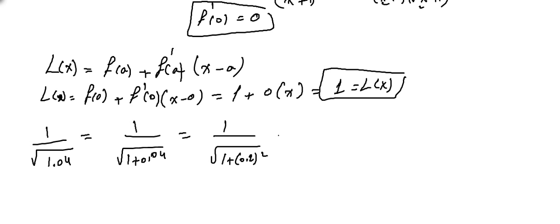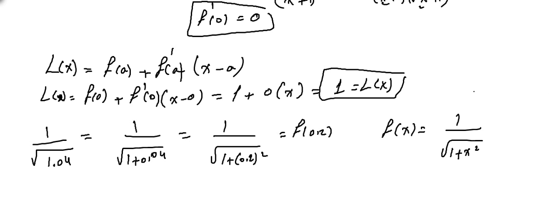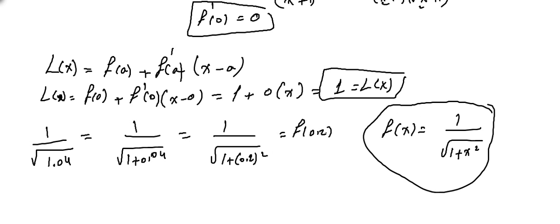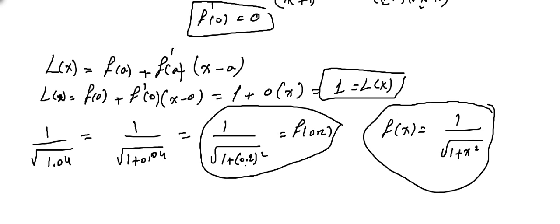It's simply f of 0.2, since f of x is equal to 1 over radical x squared plus 1. From the beginning, he gave me this function. It is the same, but replacing x with 0.2, we square it, 0.04 plus 1, it's 1.04.